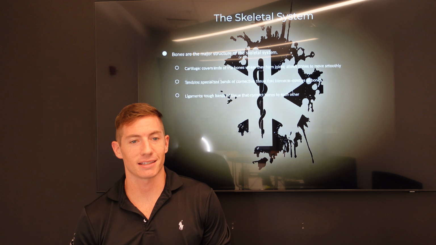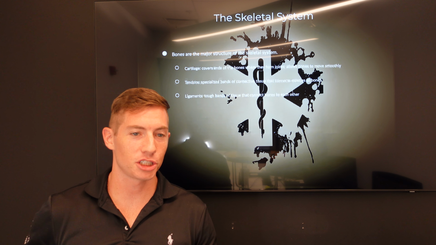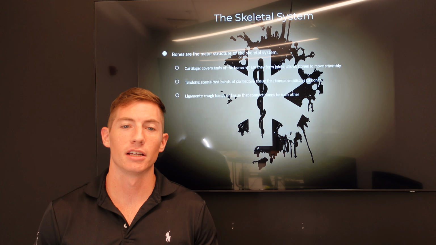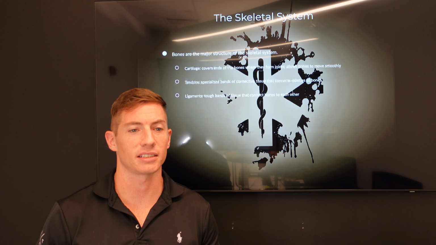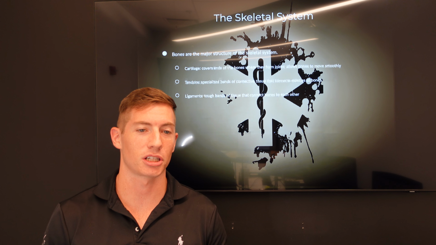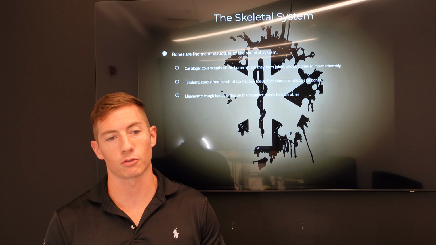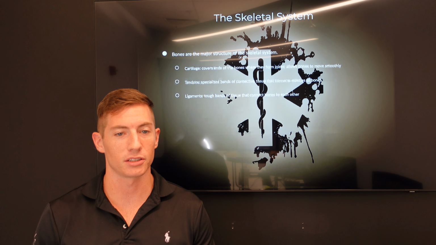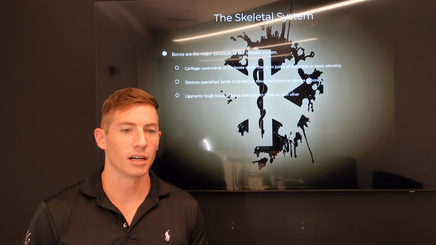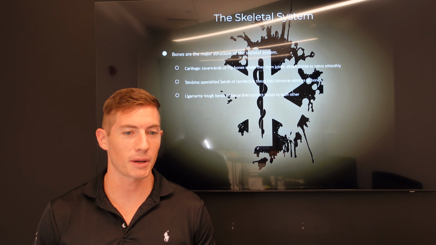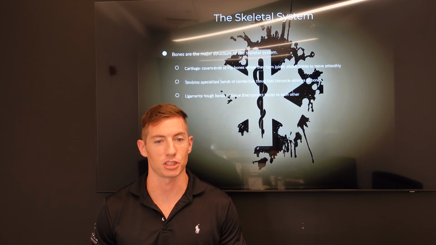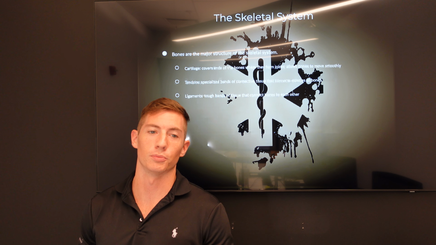Major structures of the skeletal system: bones, cartilage, tendons, and ligaments are important connective tissues that help provide support to the framework of the skeleton. Articular cartilage covers the ends of the bones where they form joints, providing cushioning and allowing bones to move smoothly against each other. Tendons are tough cords of dense white connective tissue that connect muscles to bones.